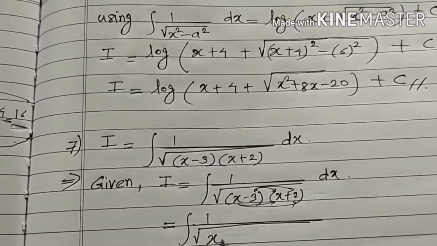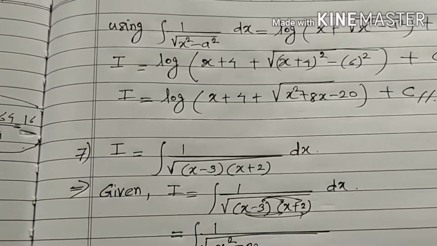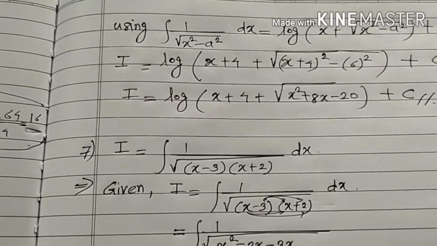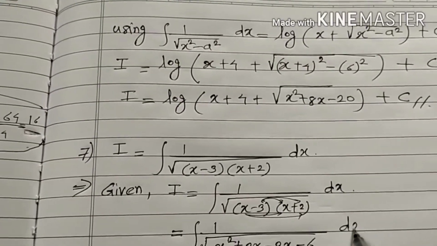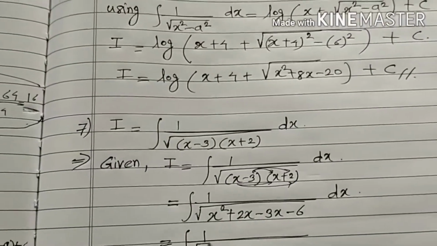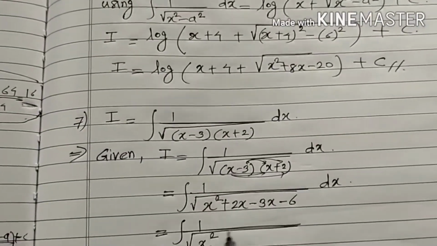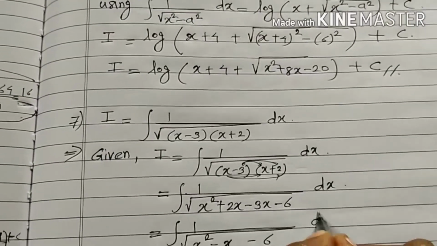So it is x square minus 3x, sorry, it is plus 2x, and this is minus 6 dx. So it is integration of x square plus 2x minus 3x, which is minus x, minus 6 dx.